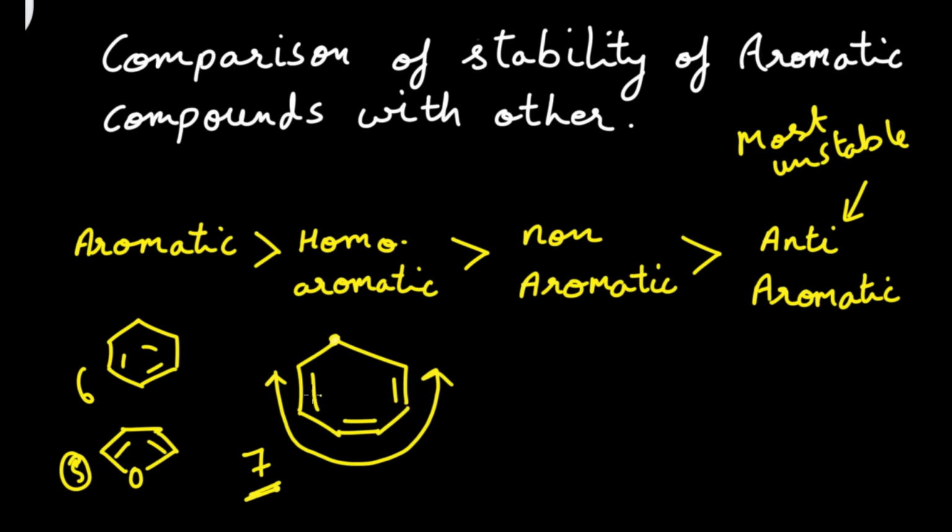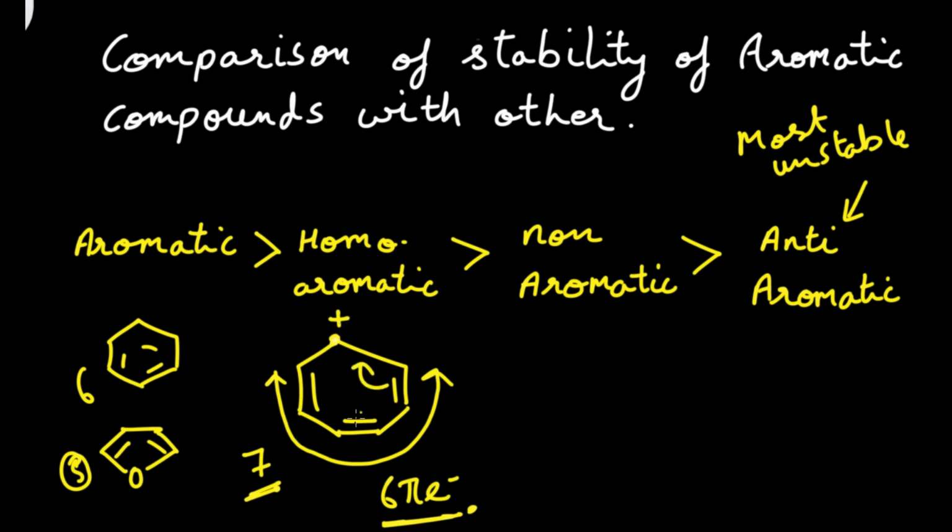Now this is 4n plus 2. This is a 6 pi electron system if you apply the Huckel rule, but it is not completely conjugated. These two, this one and this one, are not in conjugation. So what you will do is put a positive charge. Now you will find that this compound is in complete conjugation because this is electron deficient.